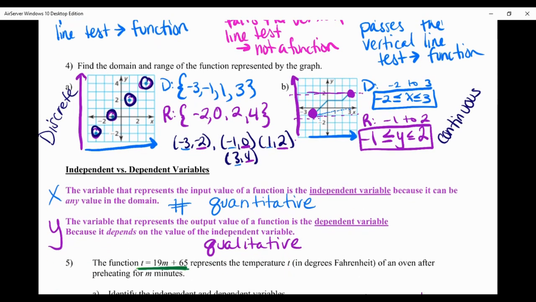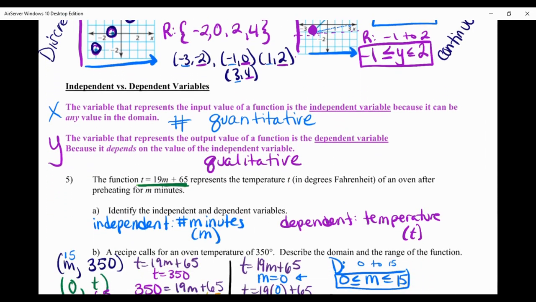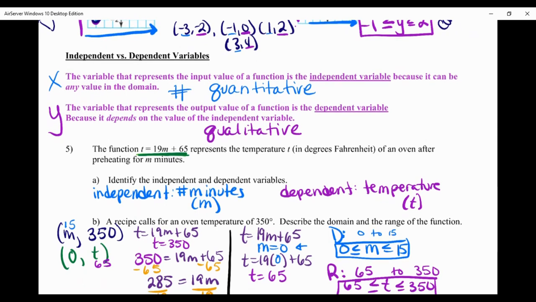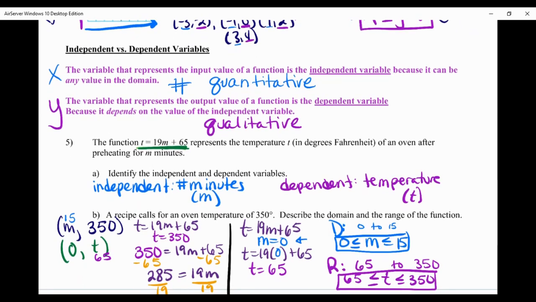We have two different types of variables. We have independent variables and dependent variables. Independent variables are your quantitative value, typically number of something, and it can be any value in the domain. The range or your output values are considered your dependent variables.